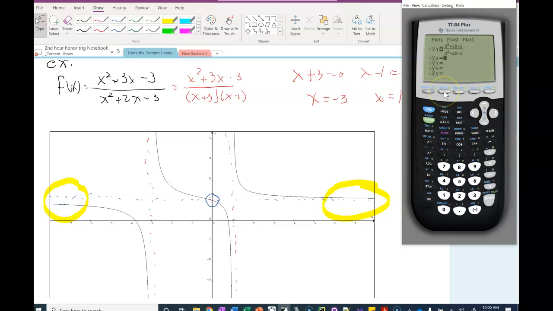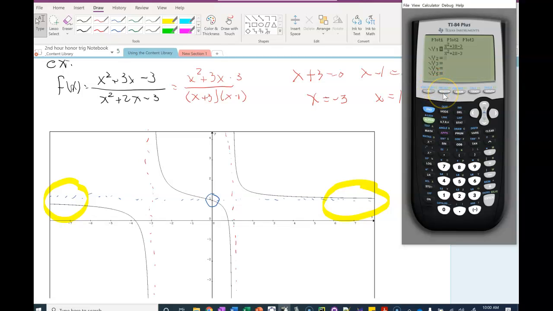Okay, so what I want to do is use my calculator to confirm this asymptotic behavior, that as the x's are getting bigger and bigger, the y's are getting closer and closer to a single value. In this case, it looks like that value is about 1. Everybody's okay with that notion?